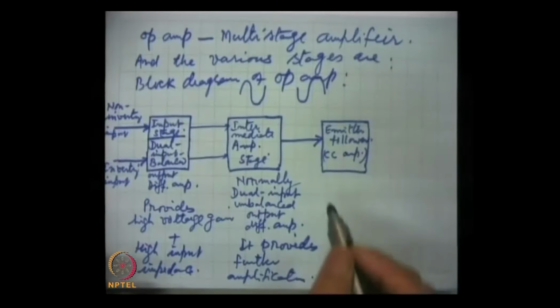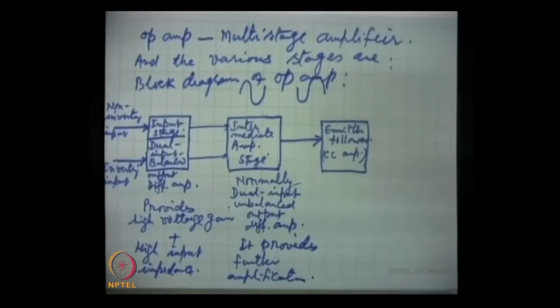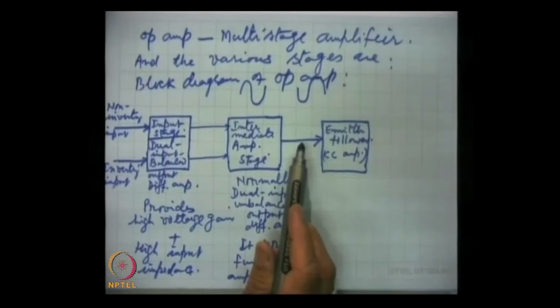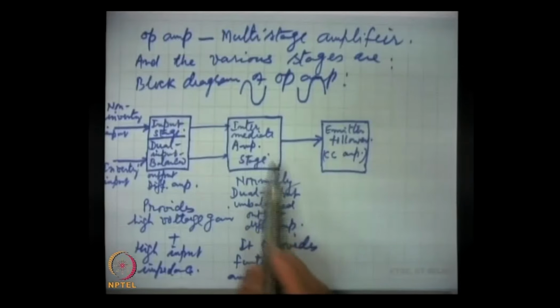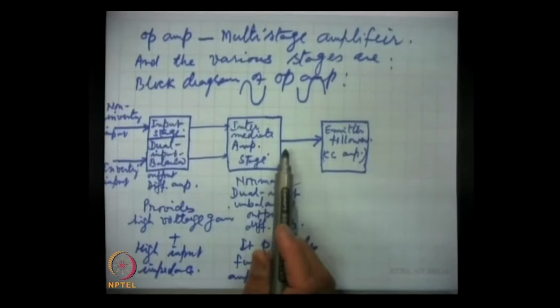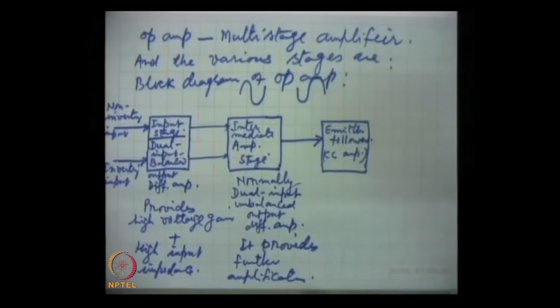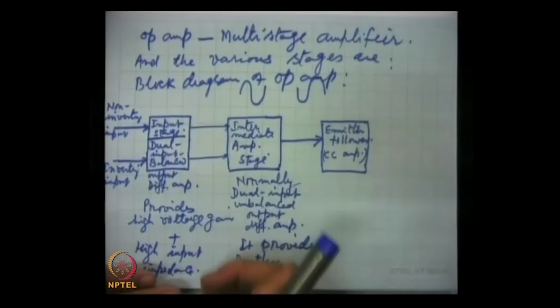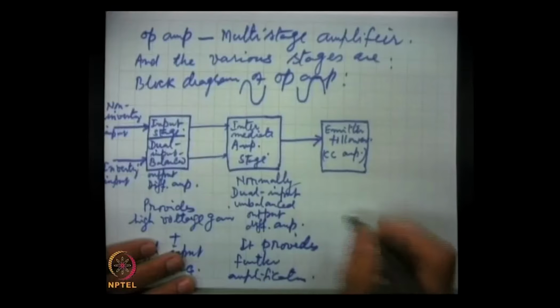So, if you remember, in an unbalanced output differential amplifier, we said that because direct coupling is used, the output will contain AC as well as DC voltages. So, it will have DC as well. This emitter follower takes care of this, it changes the DC level. So, this stage shifts the DC level.